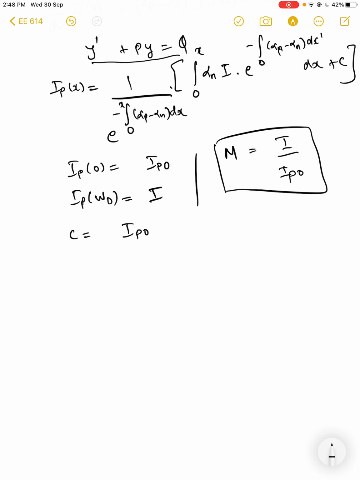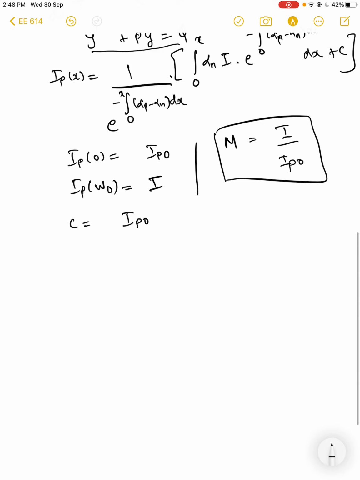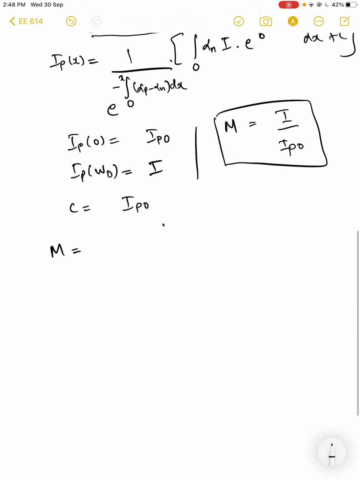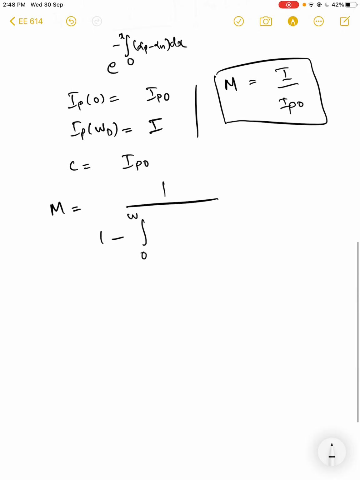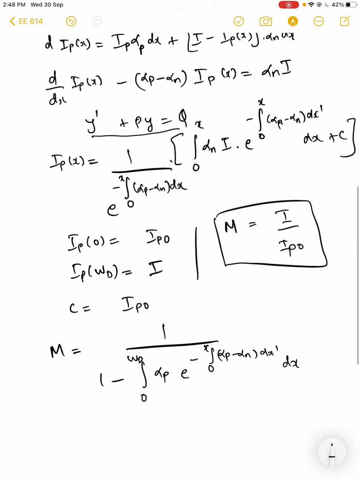And the substitutions will give me that the multiplication constant M will turn out to be 1 by 1 minus integral 0 to WD of alpha p e power minus integral 0 to x of (alpha p minus alpha n) dx dash dx. So this will be the solution.